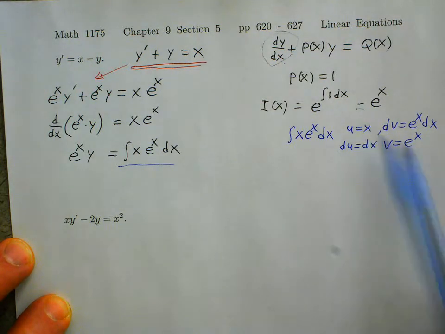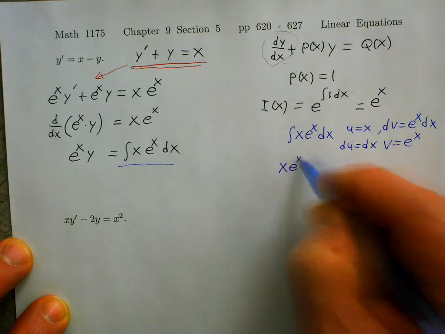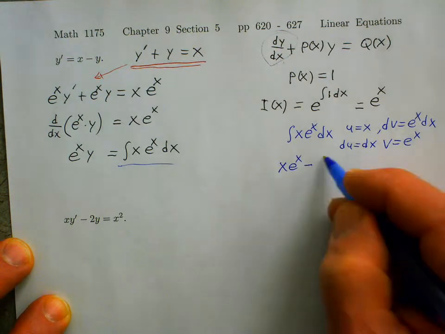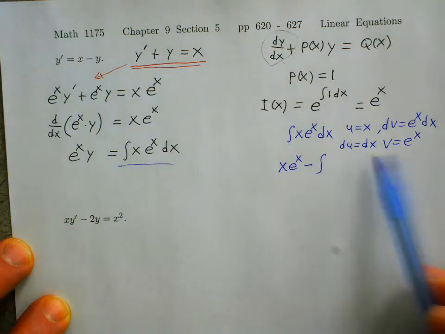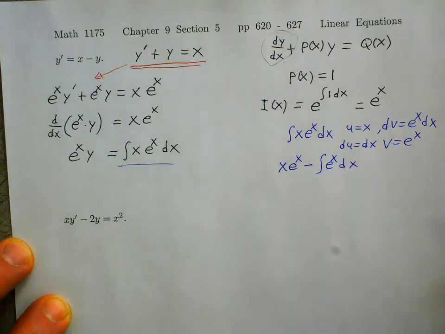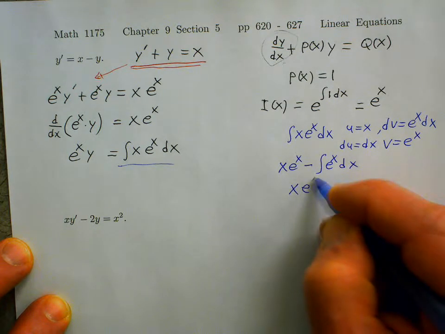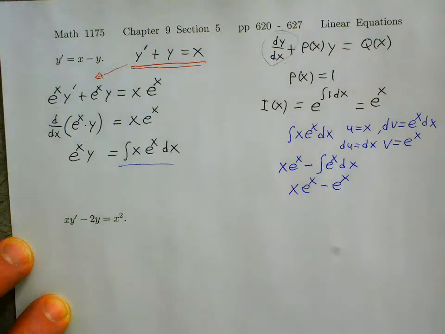So u times v is x times e to the x, and then we subtract the integral of v du, which is e to the x dx. So we're just going to get x e to the x minus e to the x.